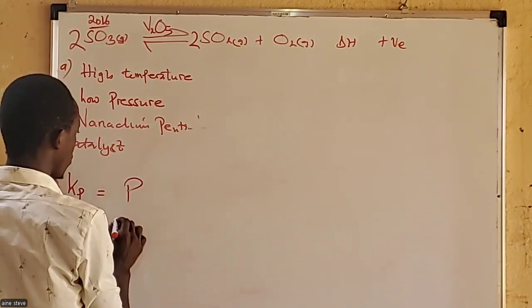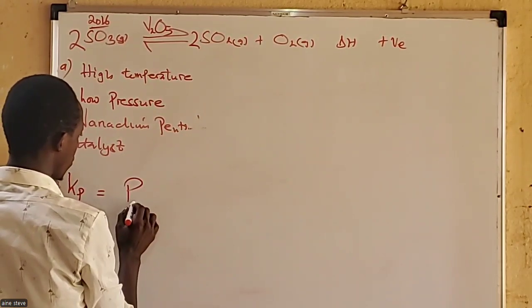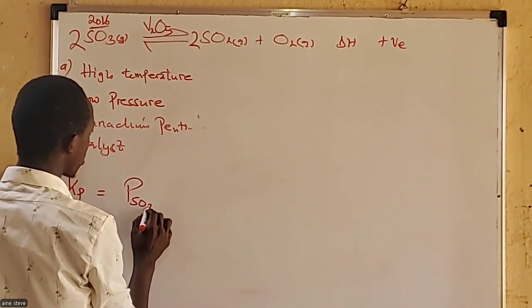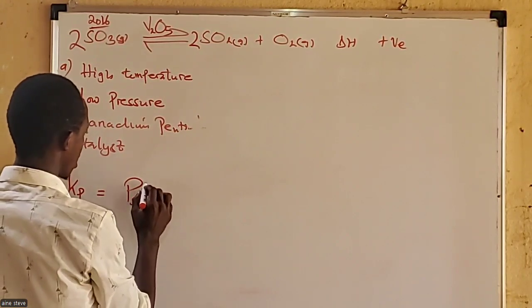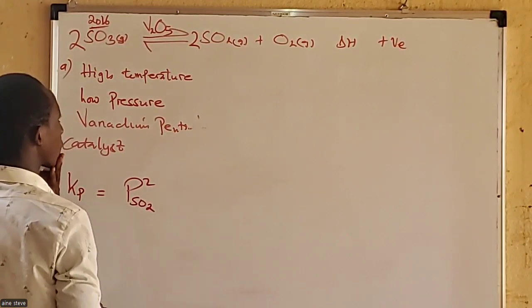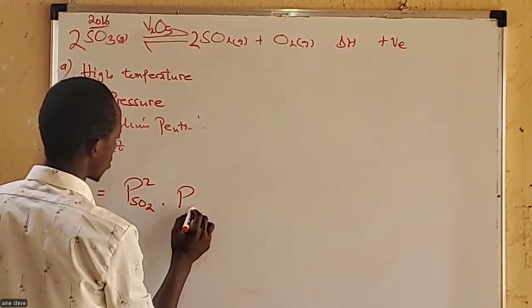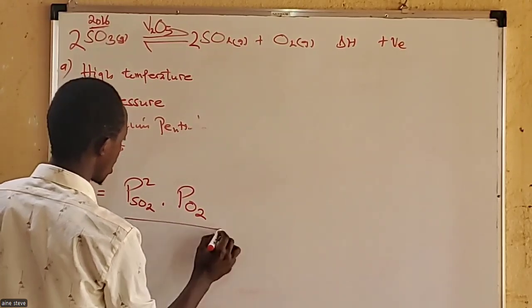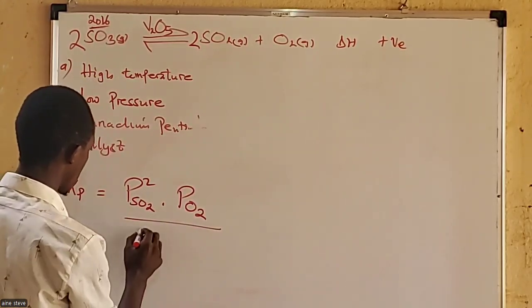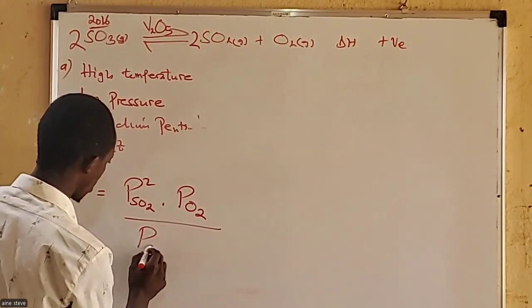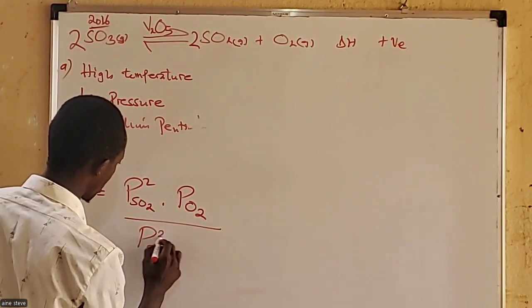So this is partial pressure of sulfur dioxide, okay? This is squared, multiplied by the partial pressure of oxygen over partial pressure of sulfur trioxide squared.